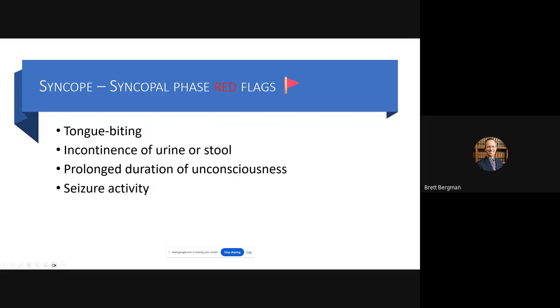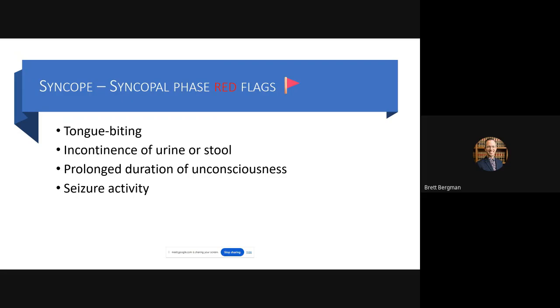During the actual syncopal episode itself, if there's any type of oral trauma, they bit their tongue, or any type of incontinence where they either soiled themselves or had urine, those would be red flags, because with a typical syncopal episode, you're not going to have a loss of continence.